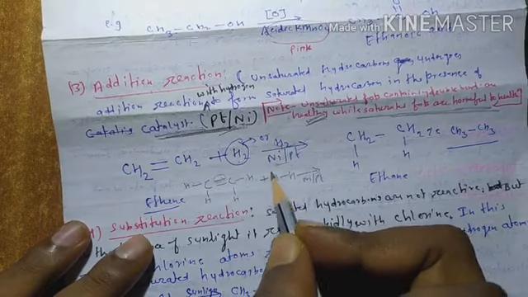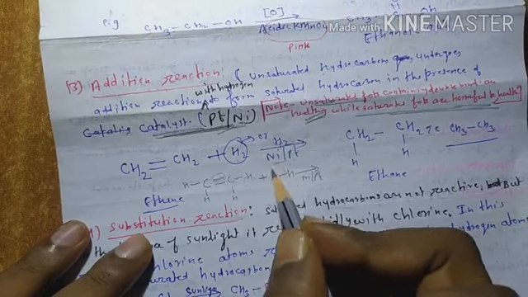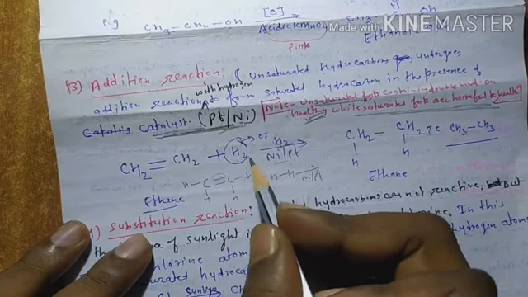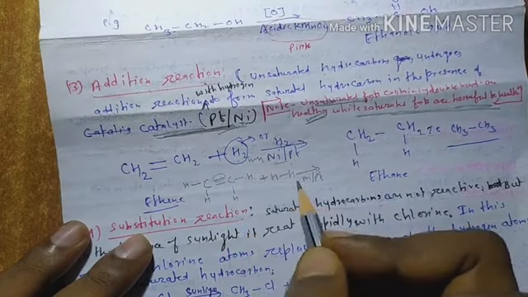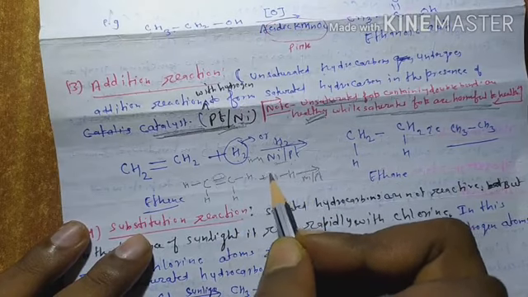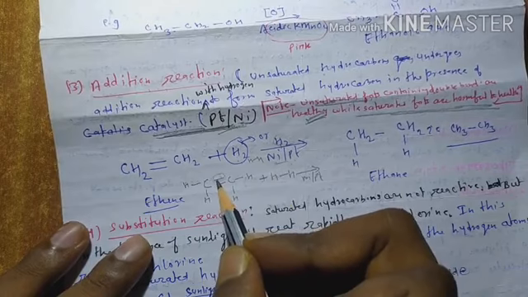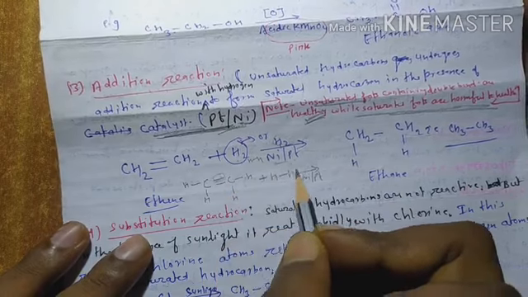This is H2; simply we can write H2. For the understanding purpose, I have written it like this. So one hydrogen goes on this carbon atom, the multiple bond is broken, and one hydrogen goes on the other carbon atom.